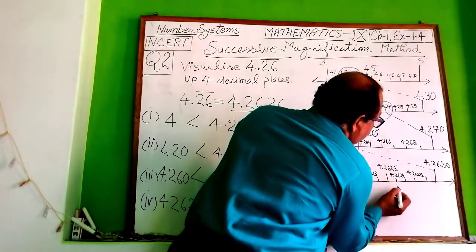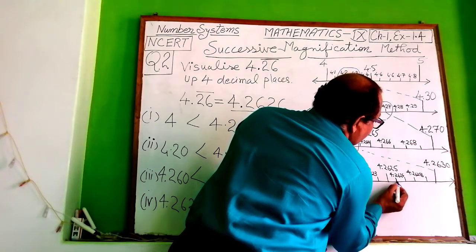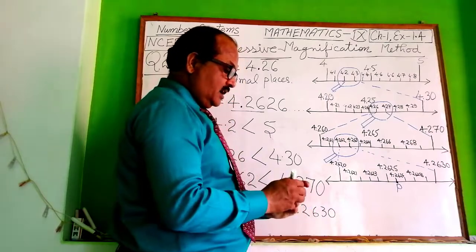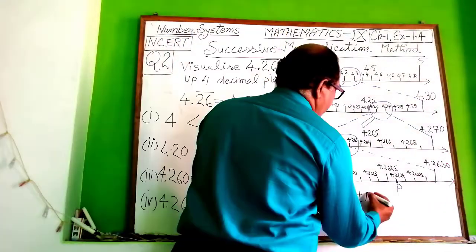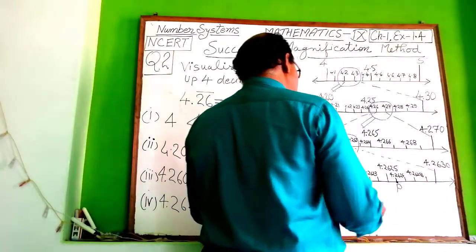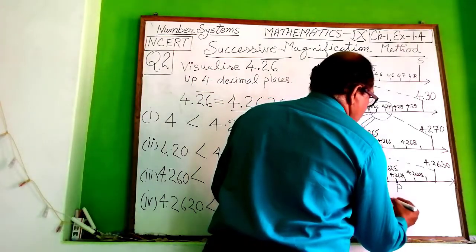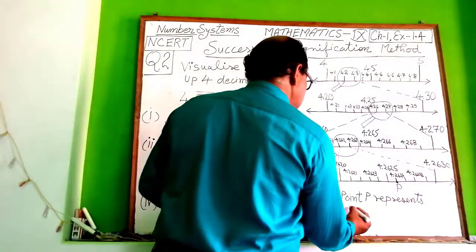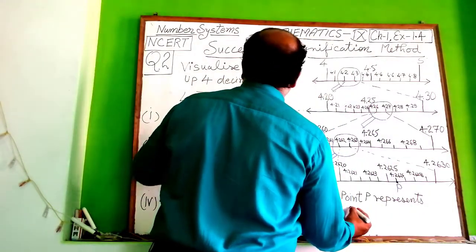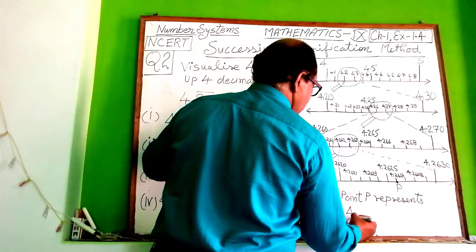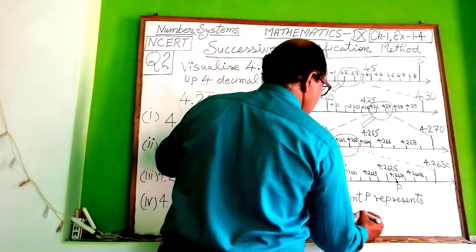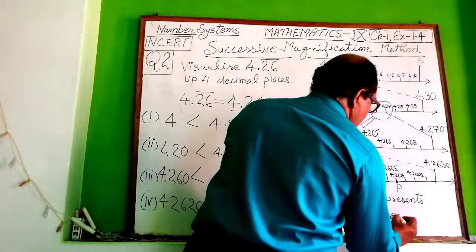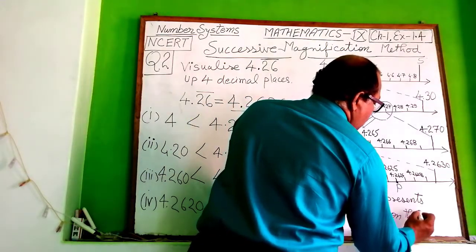Obviously this point is P. Here you can locate point P and you must write your answer below it. Point P represents 4.2626 on the number line.